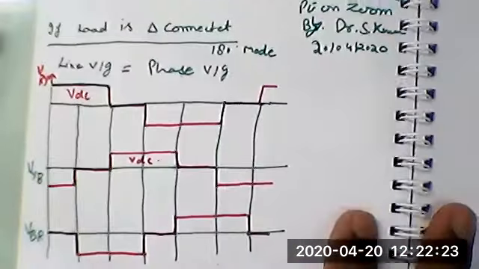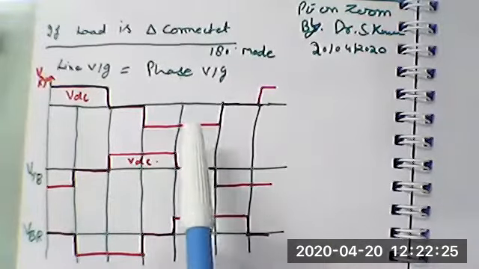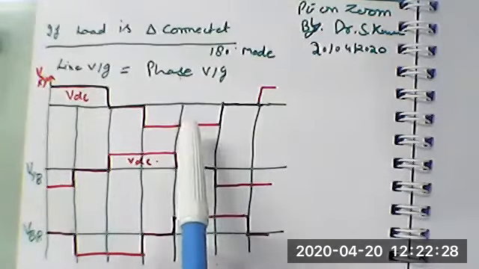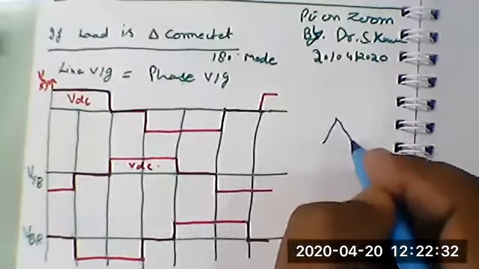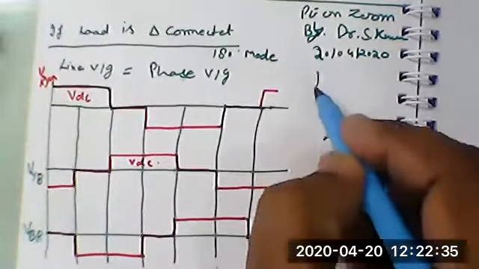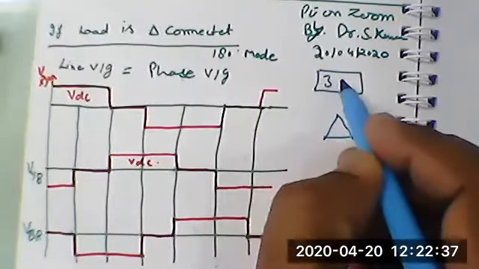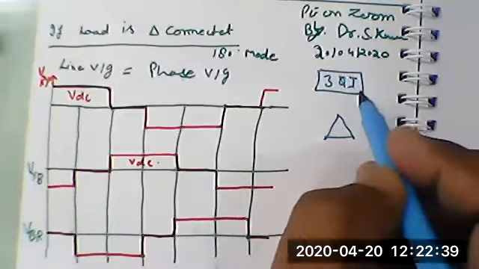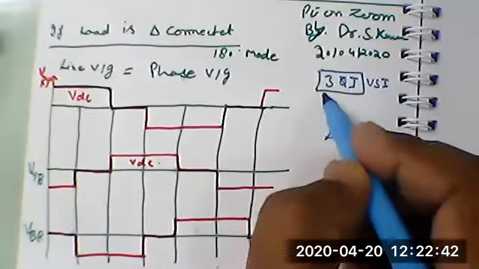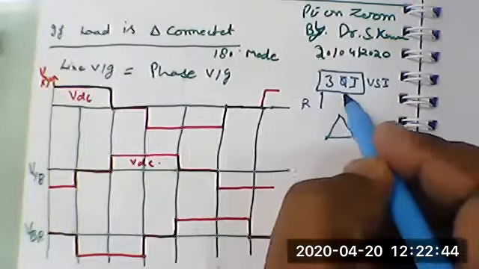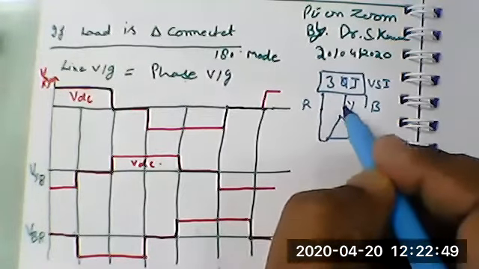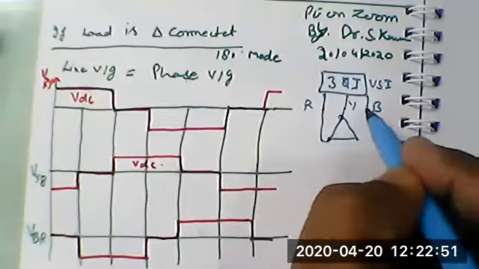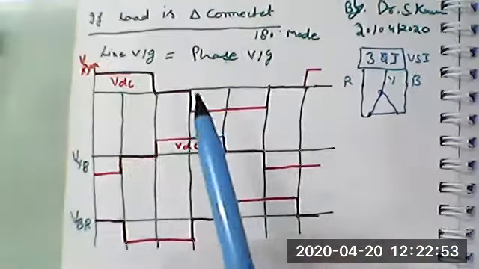So in case of delta connected load, if the load is connected in delta, right, and this is your three phase inverter VSI, R, Y, B, these three are connected here. So you will get the line voltage, whatever the line voltage you are getting.